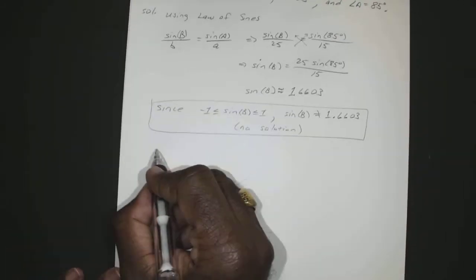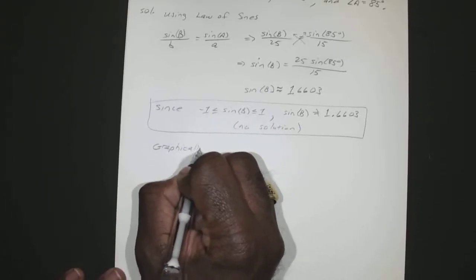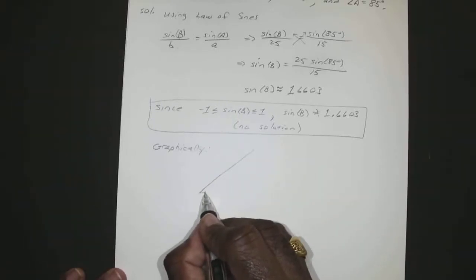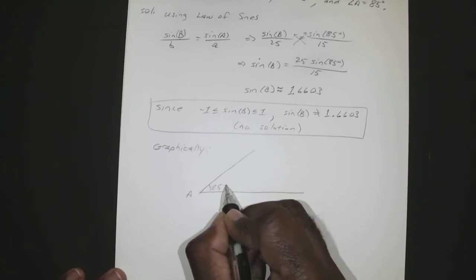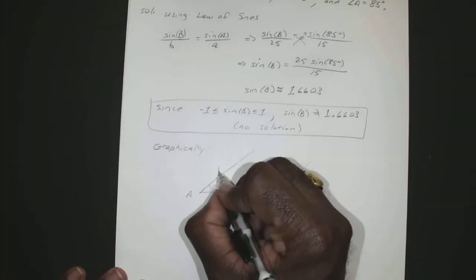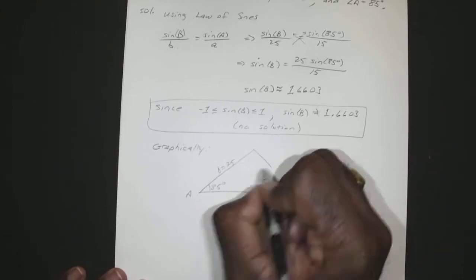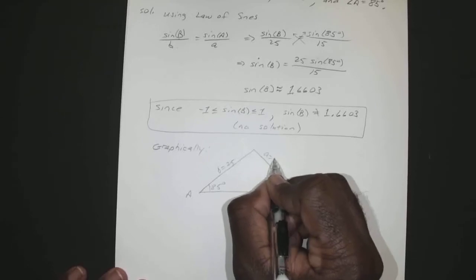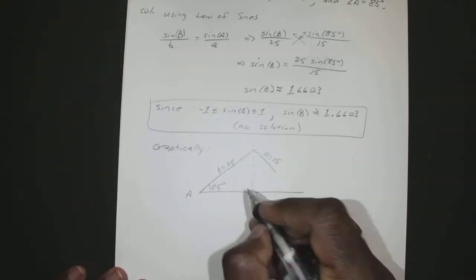Now if you were looking at this as a graph, let's say angle A is 85 degrees. Let's say side B is 25. In this case, A would be 15. And this is your height.